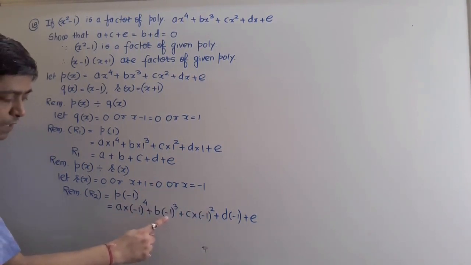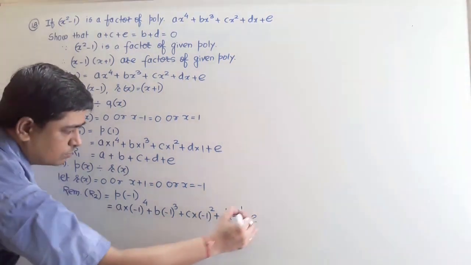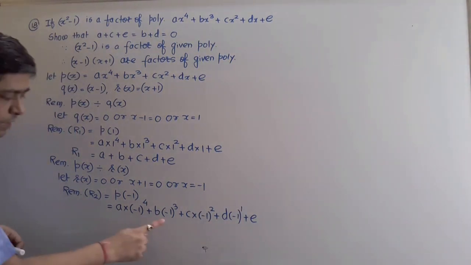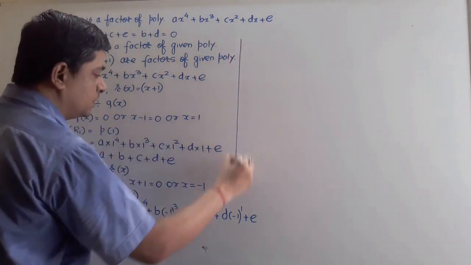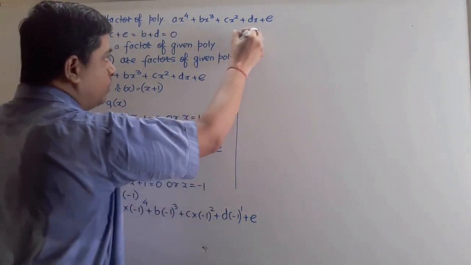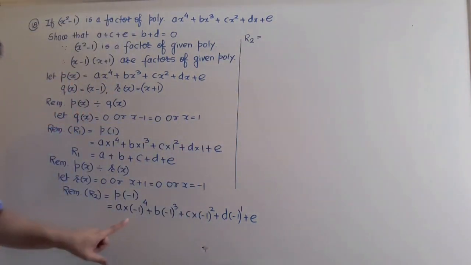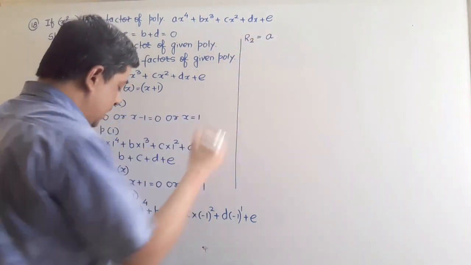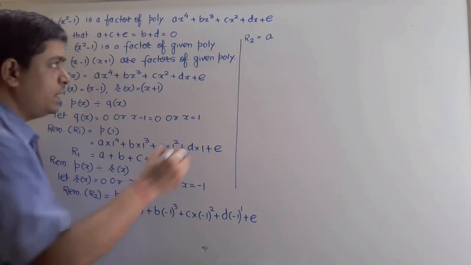And wherever the power is odd, like minus 1 to the power 3, or you can say here also the power is 1, that is also odd, so minus 1 will remain as minus 1. So if I solve it further, what will be the final value of R2? R2 will be equal to, here this will become plus 1, so a into 1, that is a, and here it will become minus 1, so minus 1 into b, that will be minus b.